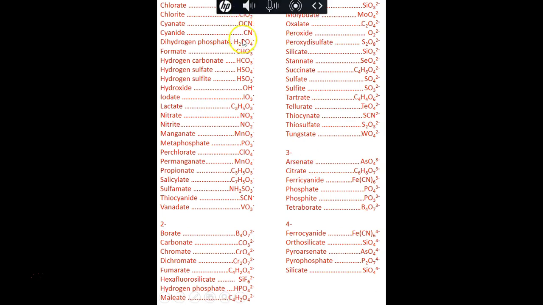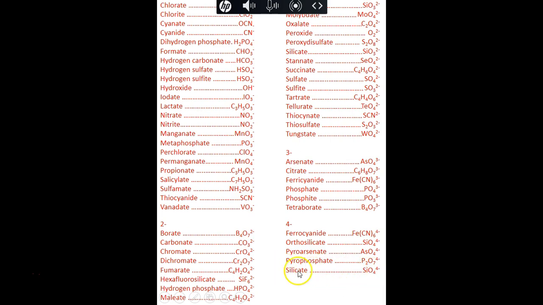So we go to the top. SiO4: we've got an SiF6, close, not right; SiO3, not quite; SiO4, right here, orthosilicate. I want you to ignore this other one.